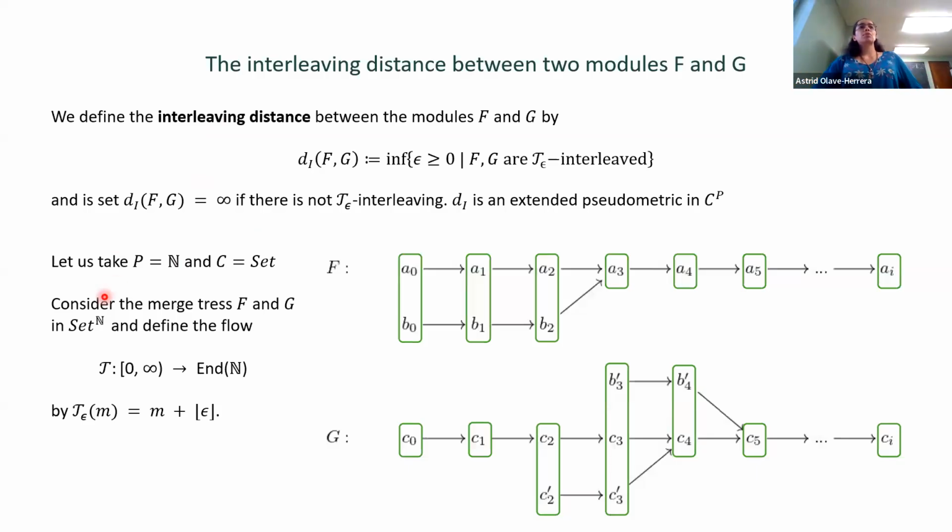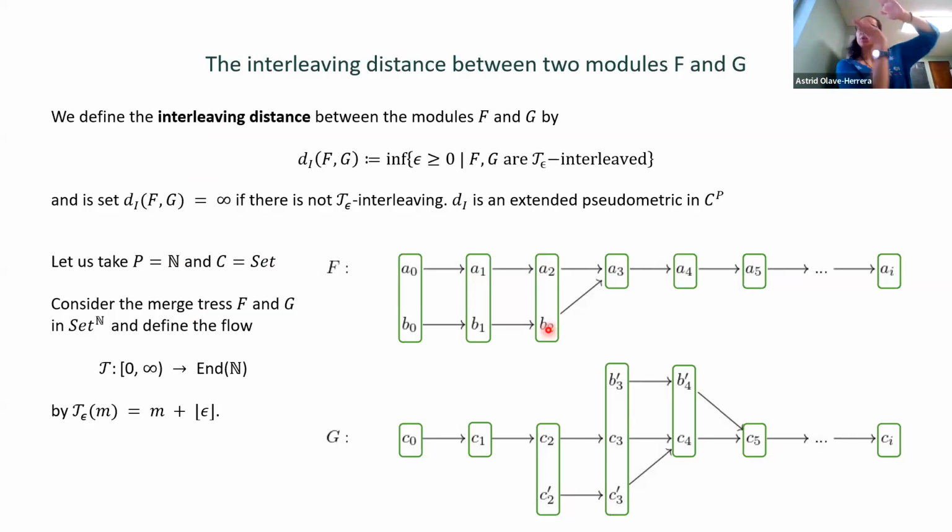So consider, for example, a poset that is the natural numbers, and the category is just sets. So for each natural number, we give a set. When you have models on that category, F and G, they're called merge trees. So for example, for F, at 0, we assign this set, at 1, the other one, at 2, this set with 2 elements, and so on.